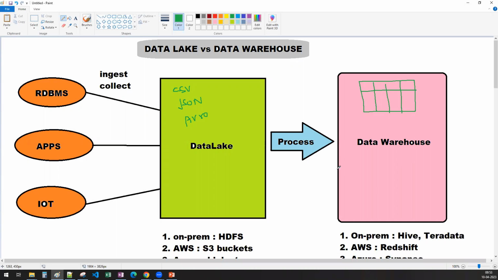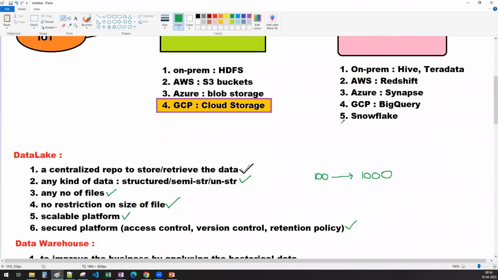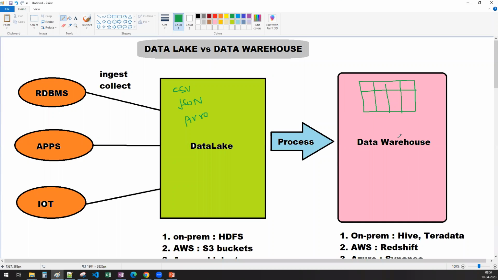Again, it is a centralized repository to store your data coming from multiple data sources, but the data will be in a structured manner. So that's what I have mentioned here. In the data warehouse, you can collect, store, process, and analyze the data.